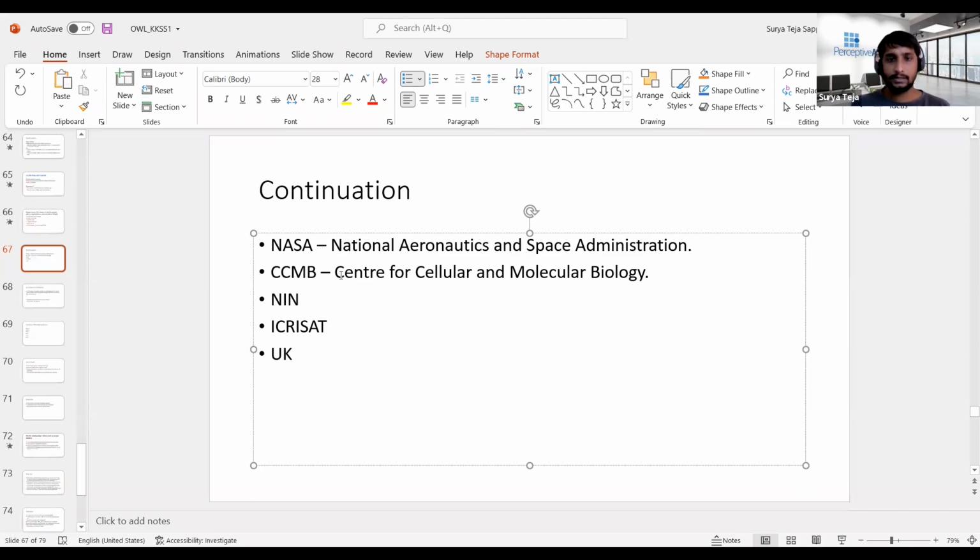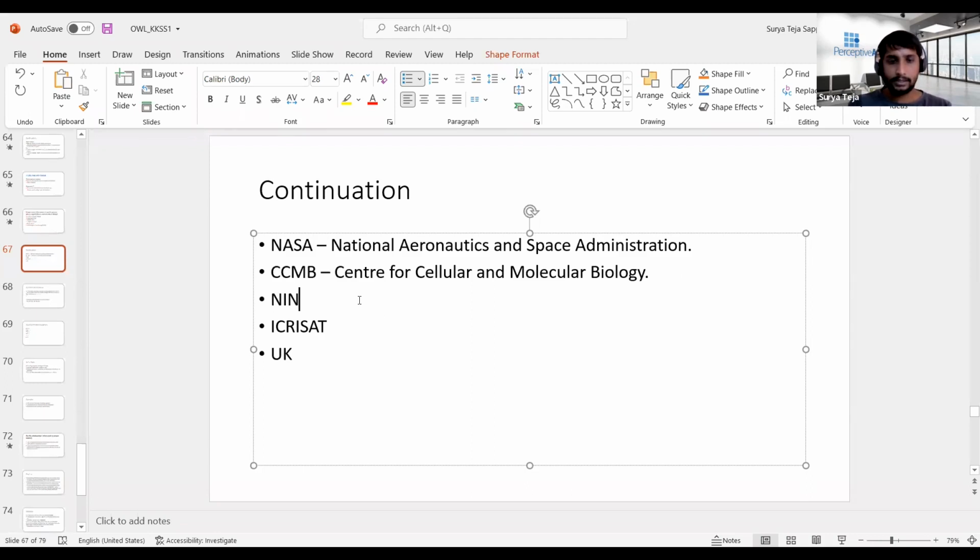So if you see here, in Center, C has been capitalized, Cellular, C has been capitalized, Molecular and Biology are capitalized, but as we discussed, "for" and "and" have not been capitalized because they are not proper nouns. They are talking about the association or the relation between them. So the prepositions and conjunctions cannot be capitalized here.